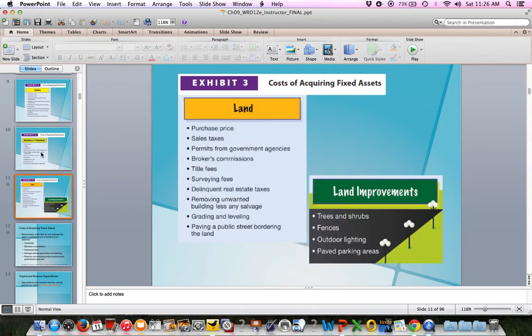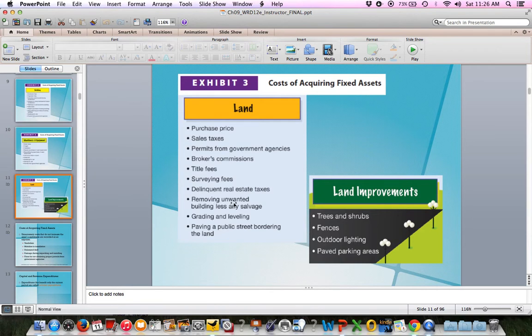And then same thing with land. There's several examples. Land is split between two categories, land and land improvements. So land itself is the purchase price, taxes we pay, permits, commissions, fees. You can see the list there. And that includes maybe removing unwanted building.